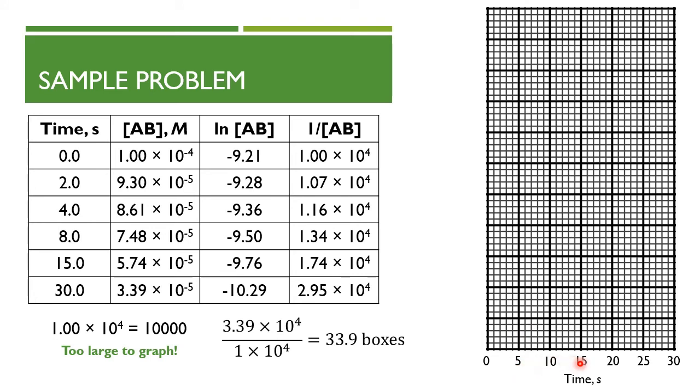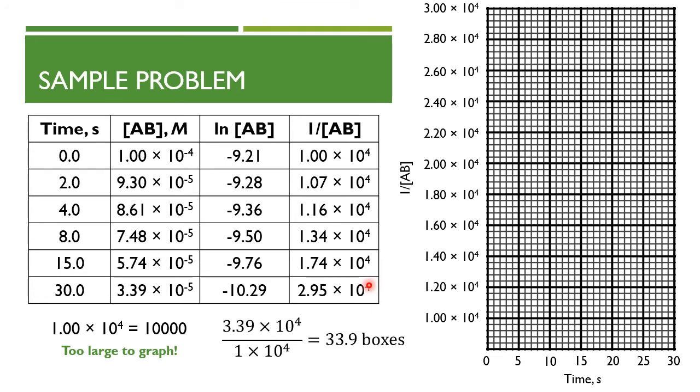So we have 5, 10, 15, 20, 25, 30 for every box. And along the y-axis, we will plot the values for the reciprocal of the concentration. Again, when we plot these, we must plot them in equal increments so that we get the most accurate possible graph.